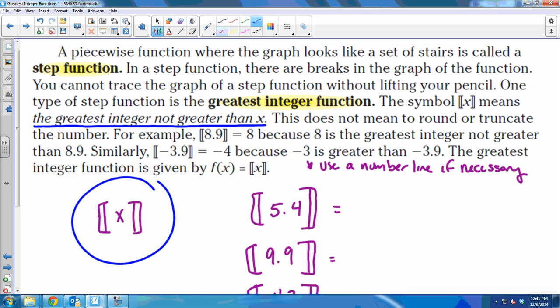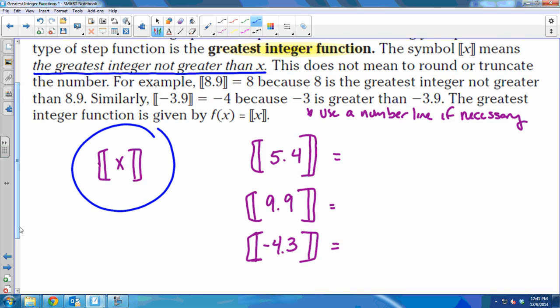So before we even start graphing anything, I have 3 examples at the top of your paper. The first one says to find the greatest integer of 5.4. That means I am looking for the largest integer that is not bigger than 5.4.